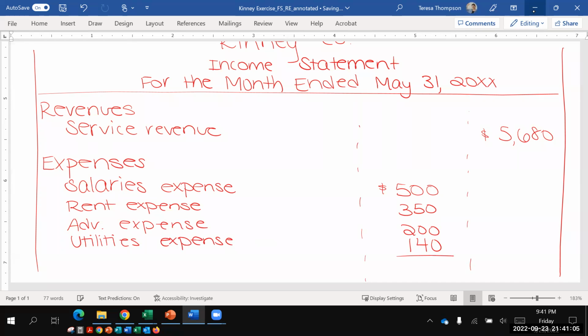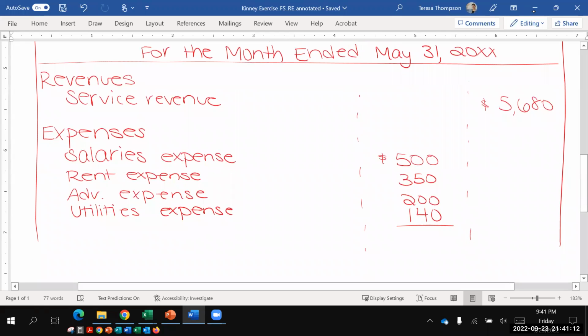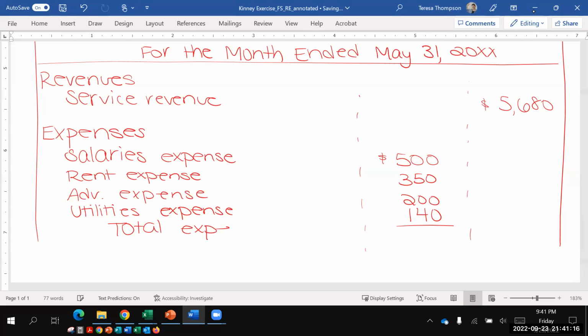Okay, we're going to go ahead and total. Anytime you're doing a total, you're going to put a line under it, and let the reader know we're doing a mathematical operation here. We'll have our total expenses on the line below it. Add it all up. I get 1,190. Net income. I do like to skip a line between net income, expenses, and revenue.